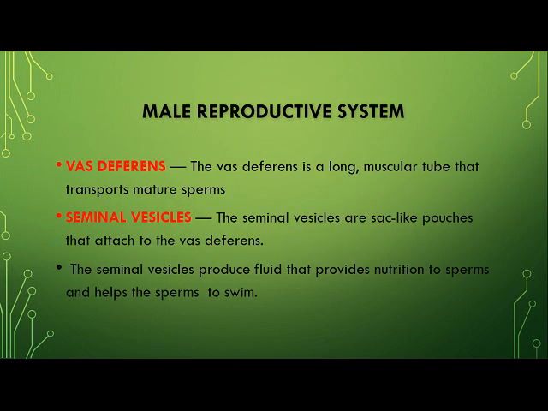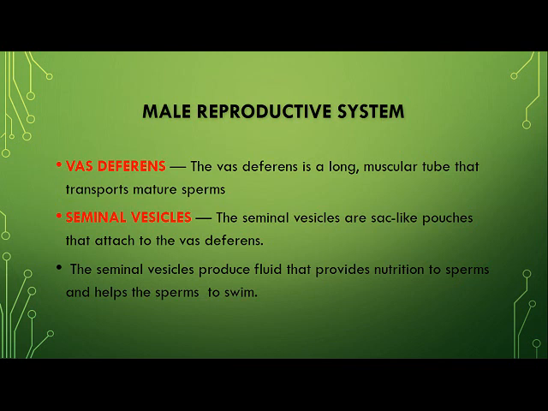Once the sperms get matured, they are released. They have to be given out from the body, so they take a particular pathway, known as the vas deferens, which is a long muscular tube that helps in the transportation of mature sperm. Now this vas deferens on its way gets attached to certain glands.